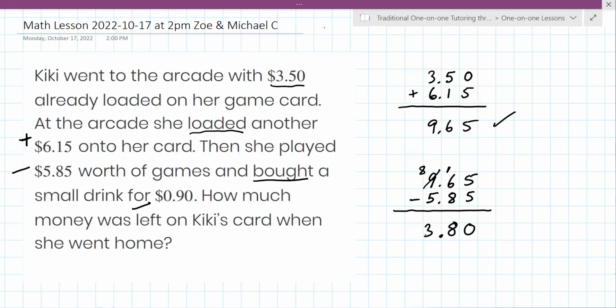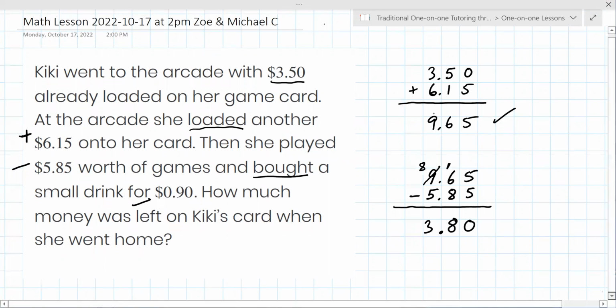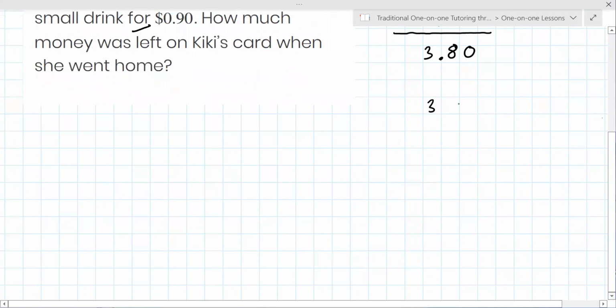But then the last part is you're buying a drink. So you're going to subtract some more money. Okay, so it's $3.80, subtract 0.90. So I'd like you to try this one on your own, please.